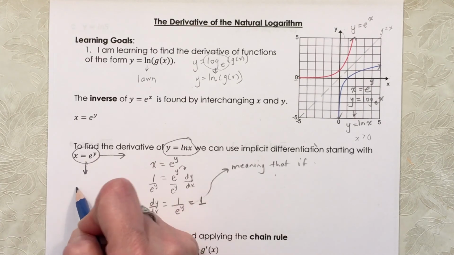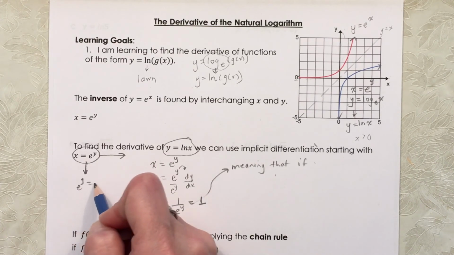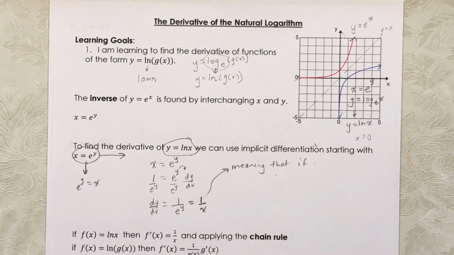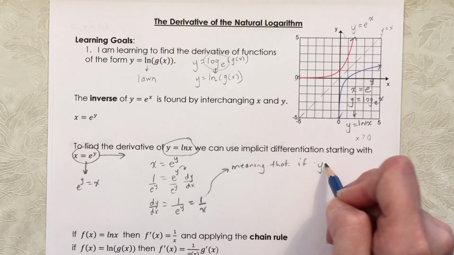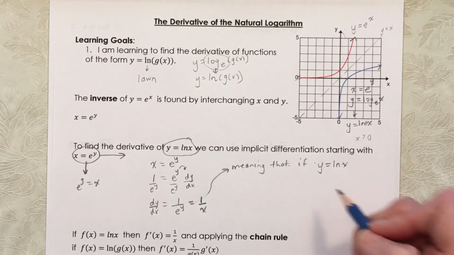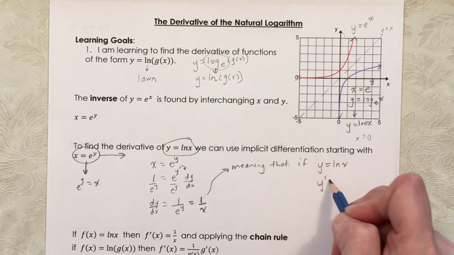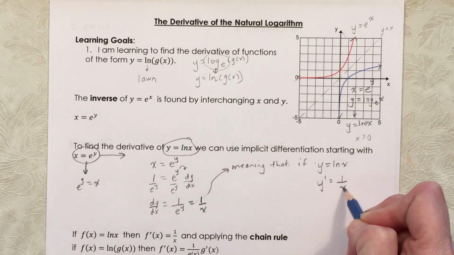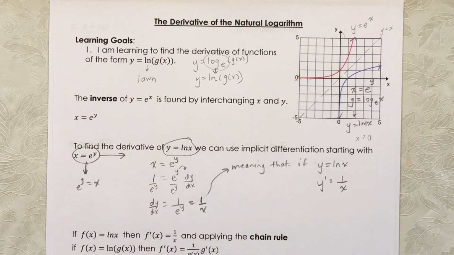By definition, e to the y is equal to x. So the slope of the tangent, or dy by dx, is 1 over e to the y, or 1 over x, because x is equal to e to the y. So meaning that if y is equal to the ln of x, or log to the base e of x, then y prime is 1 over x. A very simple derivative again.